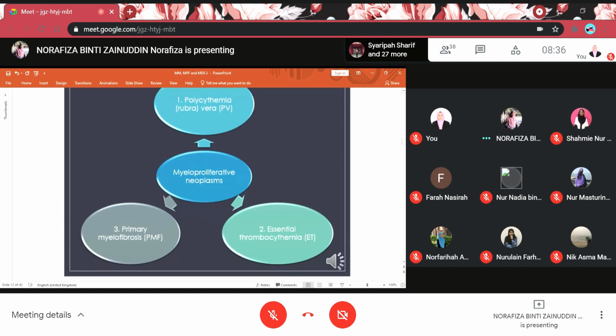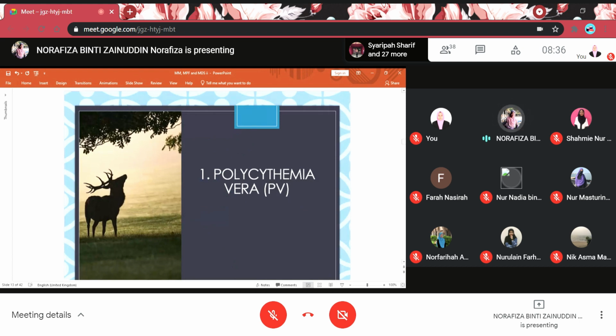So polycythemia vera, PV, is a condition characterized by increased number of red blood cells in the bloodstream, and the affected individuals may have excess white blood cells and also platelets. So these extra cells and platelets will cause blood to be thicker than normal. As a result, abnormal blood clots are more likely to form and block the flow of blood through arteries and veins. So the patients' blood is more concentrated than normal.